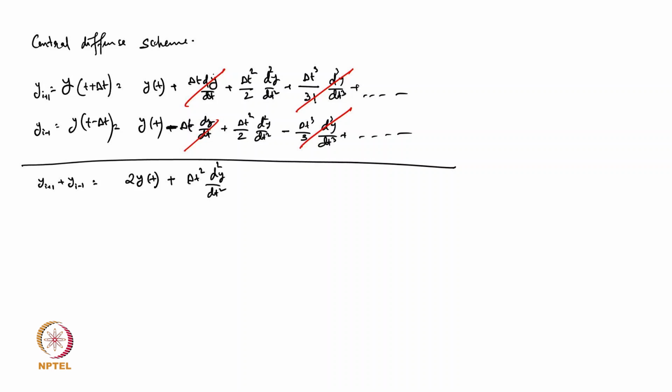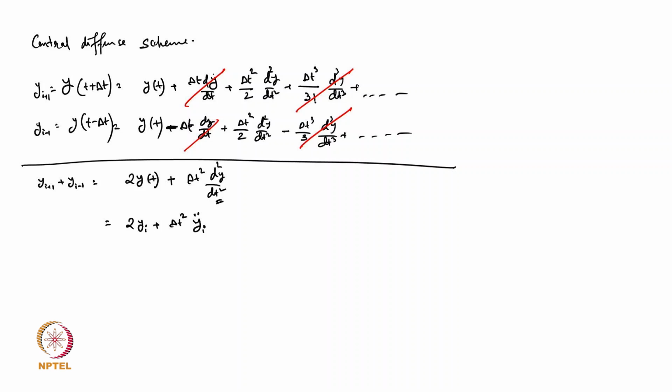No doubt. Very good. So this term is acceleration, d2y/dt2 acceleration. And the other thing is this, so I can also write 2yi plus this into y double dot i.